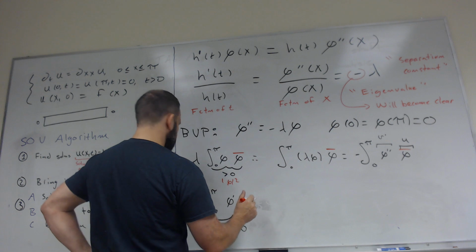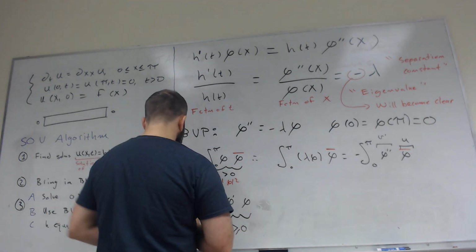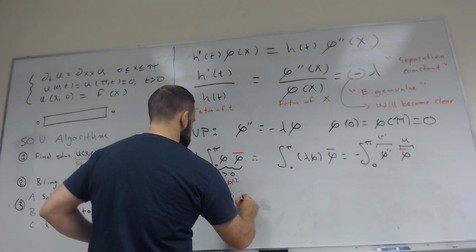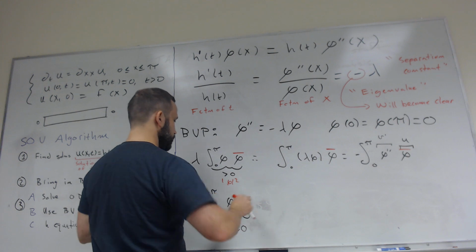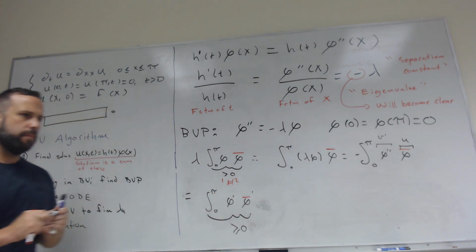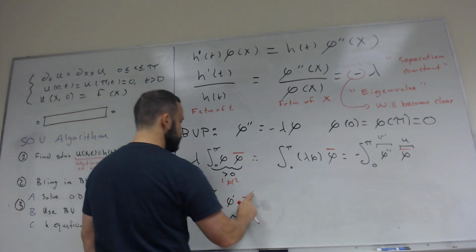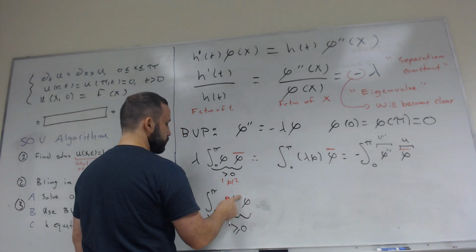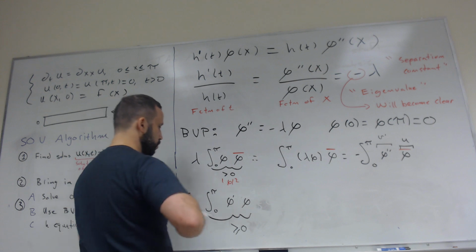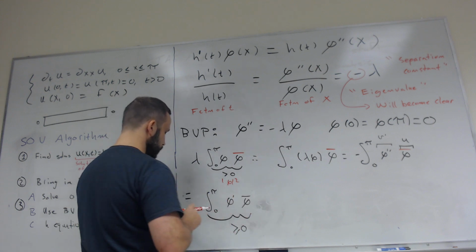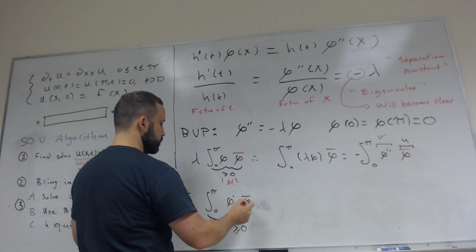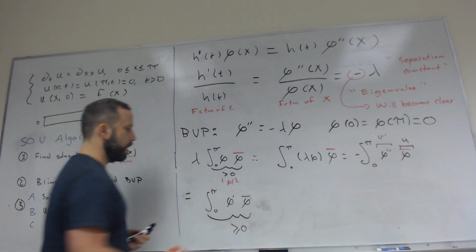really what I initially have would be something like this: a prime on the outside of the bar. But differentiation and complex conjugate you can do in any order. If you want to know why, just think about the difference quotient: compute the derivative of phi using the difference quotient. So really I've got the phi prime on the inside here.